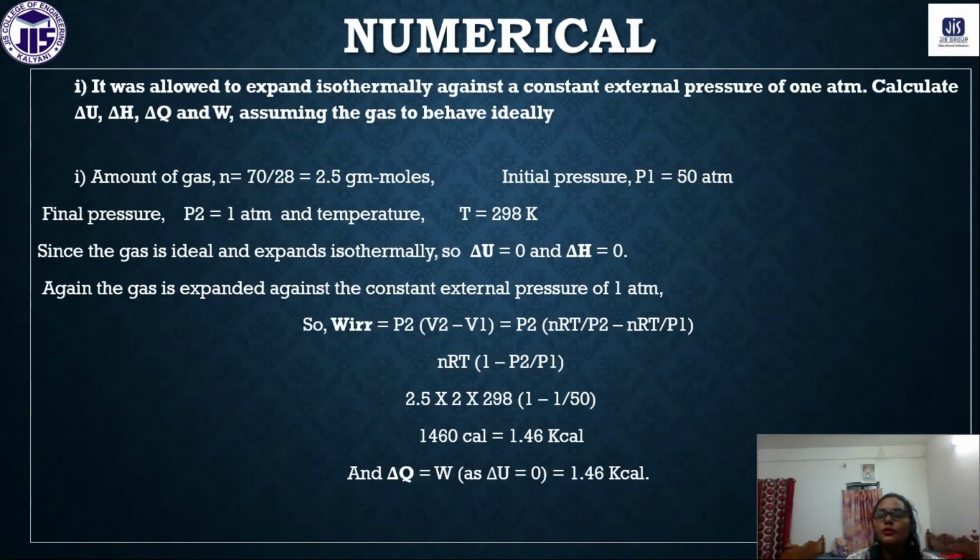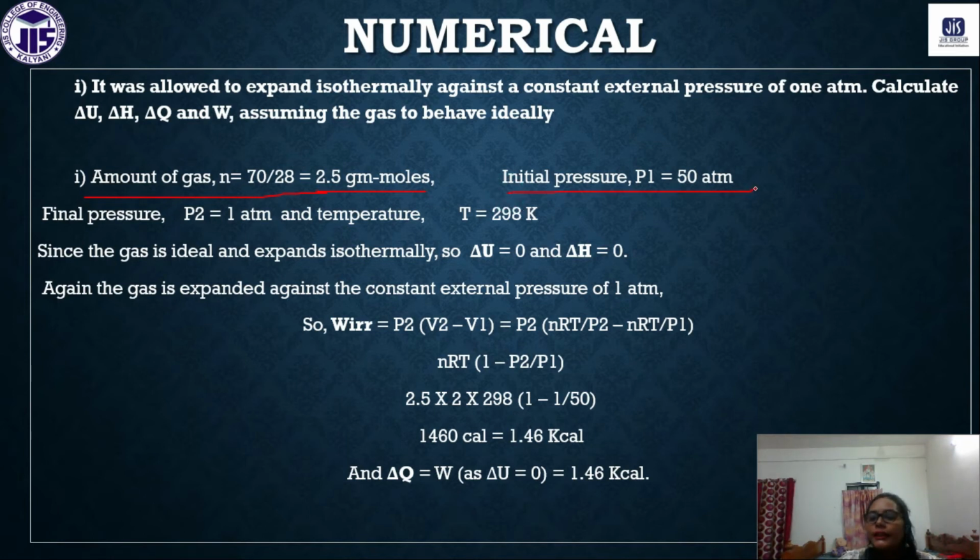Now we will move to the problem. First we have to calculate the internal energy, the enthalpy, the heat, and the work done. Already I have told you that 70 gram nitrogen is given. From this data we can know the number of moles, that is 70 divided by 28.